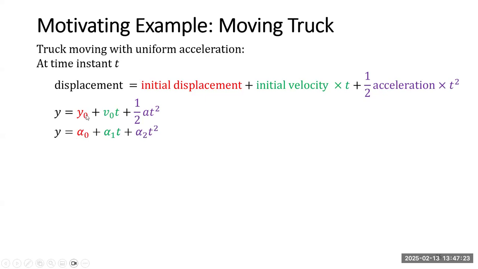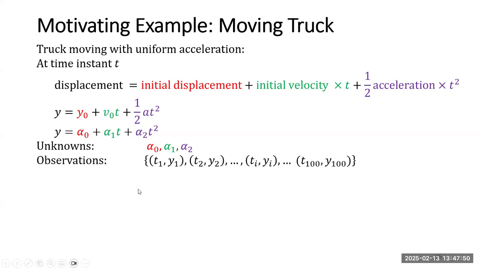So I'll call them alpha naught, alpha 1, and alpha 2. So this is the expression we have: Y equals A naught plus A1 t plus A2 t squared. So the unknowns are these, not t. The unknowns are A naught, A1, and A2.